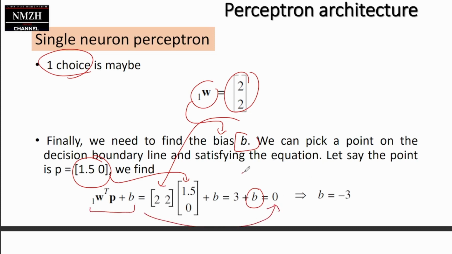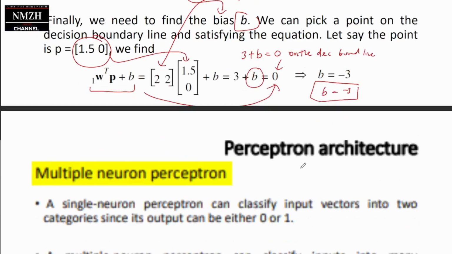So meaning 3 plus b equals 0, because it is on the decision boundary line. Okay, so we can see that the bias b is minus 3 for that particular boundary line. Okay, so simple as that.